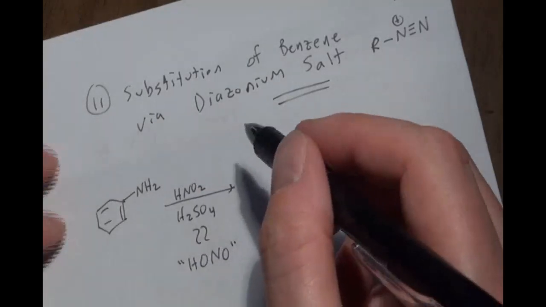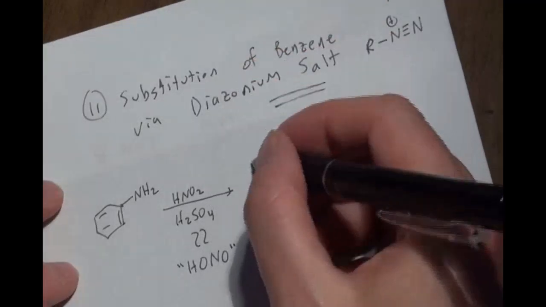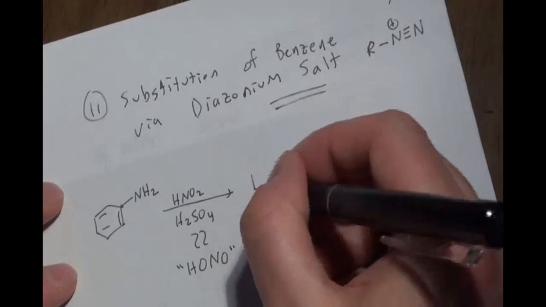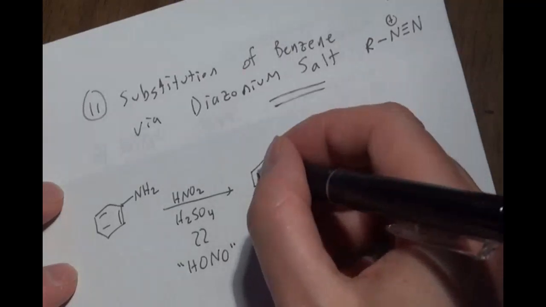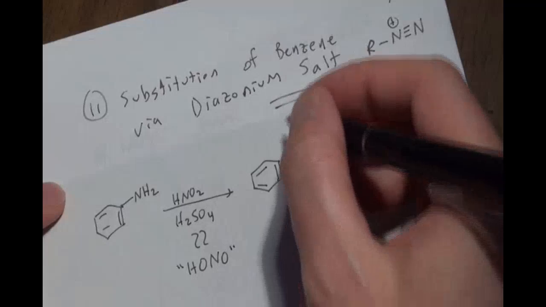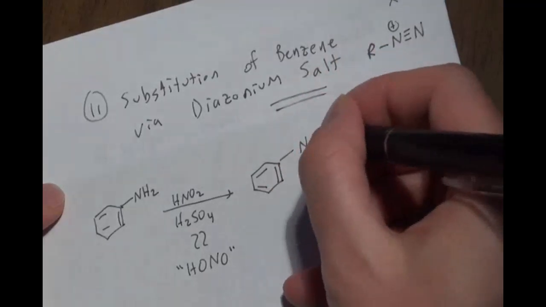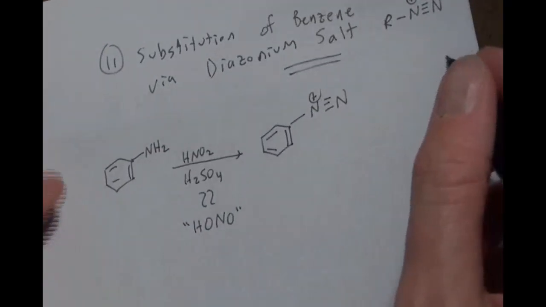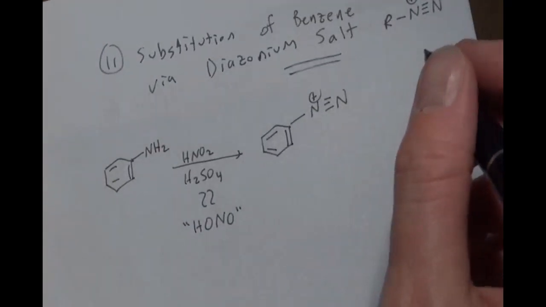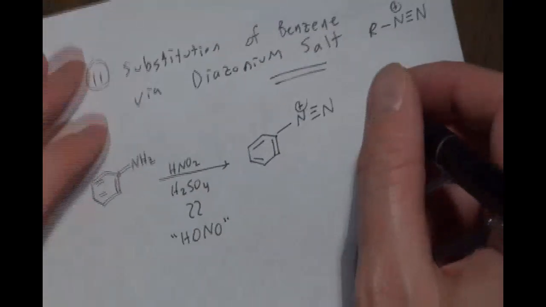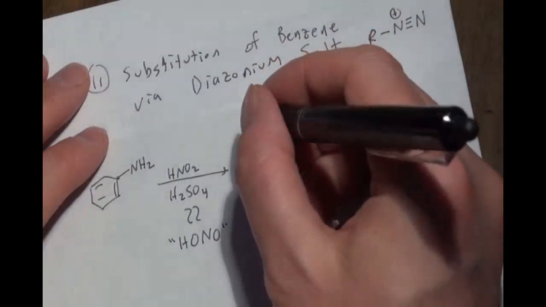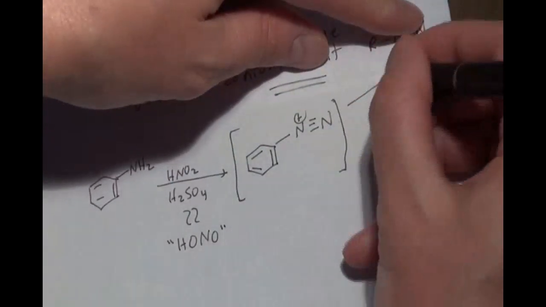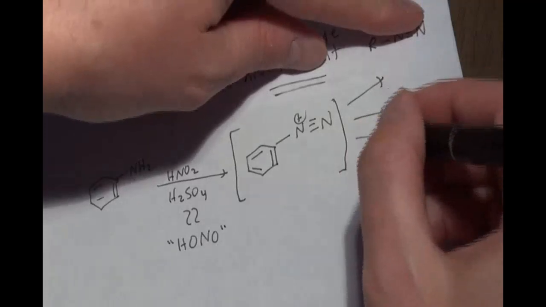I'll show a nice mechanism for that in a second. But what you get is that, the diazonium salt. Before I do the mechanism, I'll point out that these are kind of reactive, so we don't sit around and isolate them, but there are a gazillion reactions you can do with them.